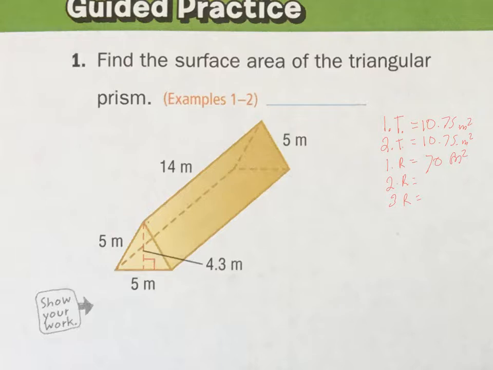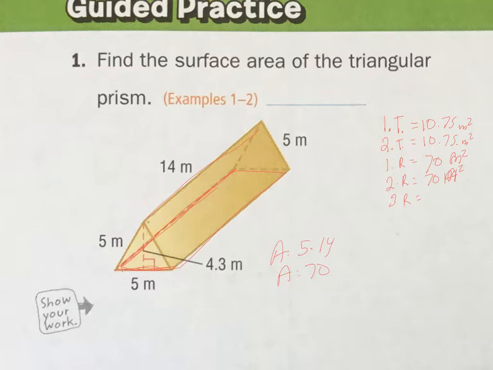Now, another one would be from here to here, over here, over here, over there. And it looks like this is going to be a 5 by, well, if this is 14, this has to be 14 too. So this one is also 5 by 14. And so that one's 70, another 70 feet squared. Or meters, not feet, meters. Sorry.